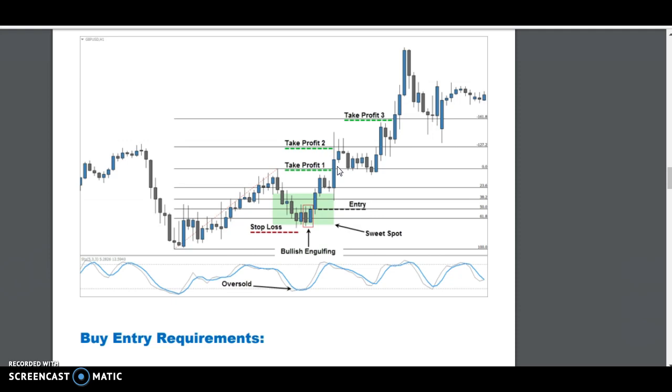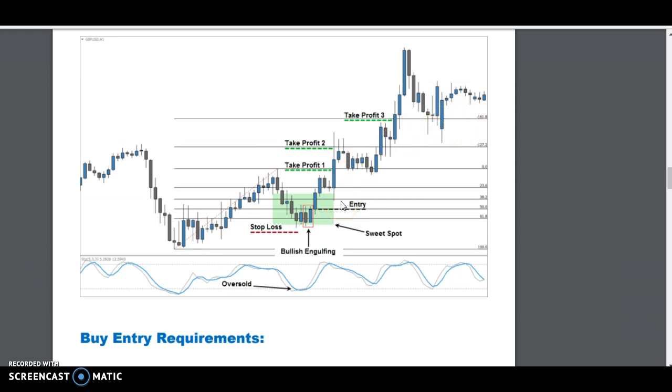So when the first TP is hit at 0.0 on the Fibonacci, or at the previous resistance level, we exit our first trade, and then we allow our second trade to run to 127.2 Fibonacci. At that point you can choose to close your trade, or you can allow your trade to hit the third TP, which is 161.8.